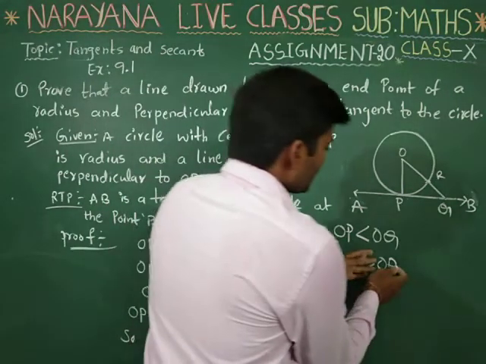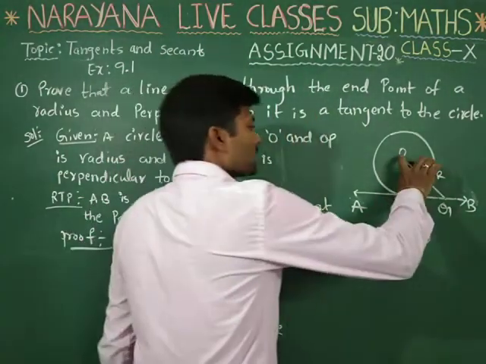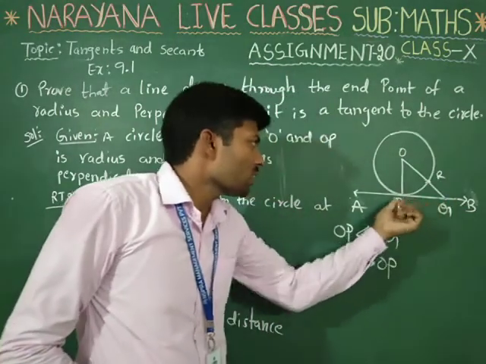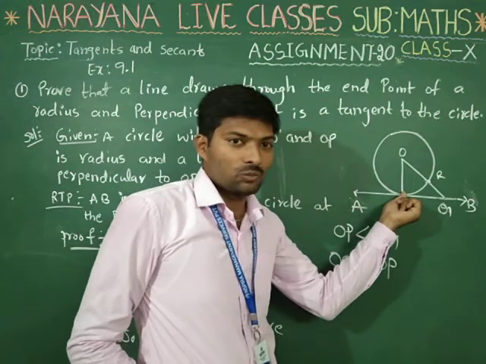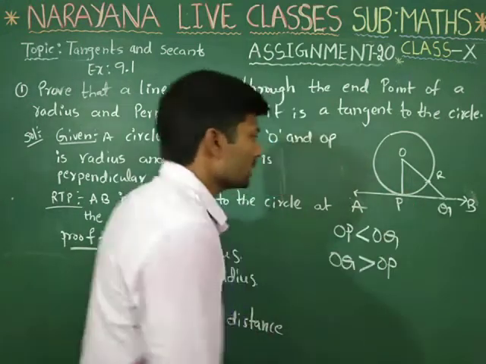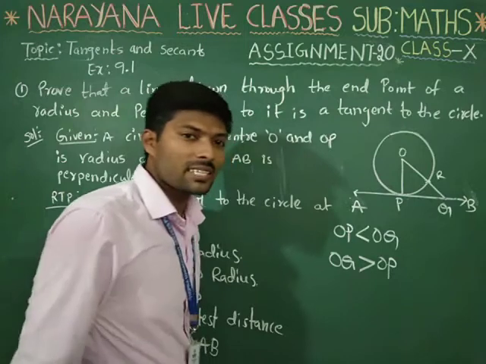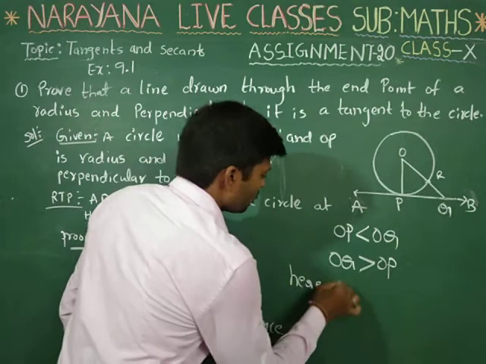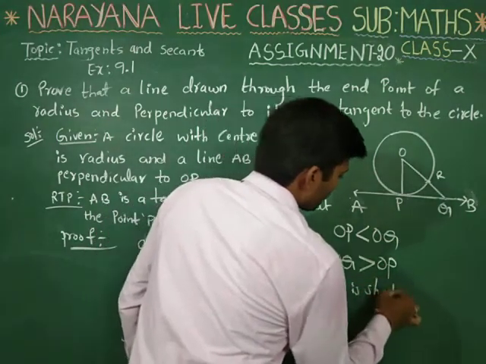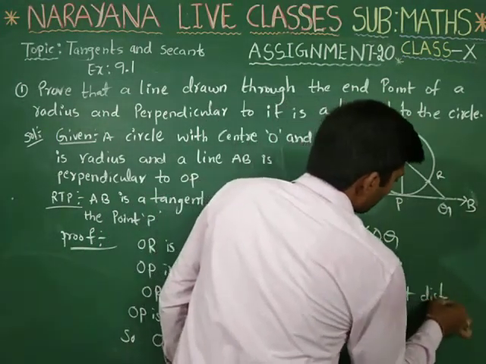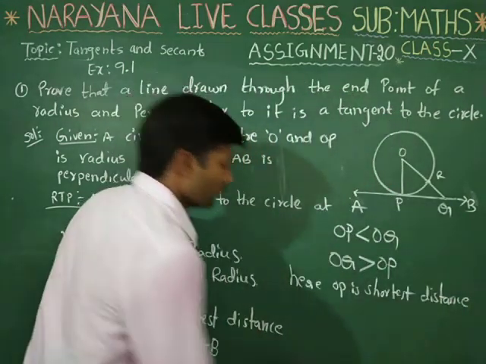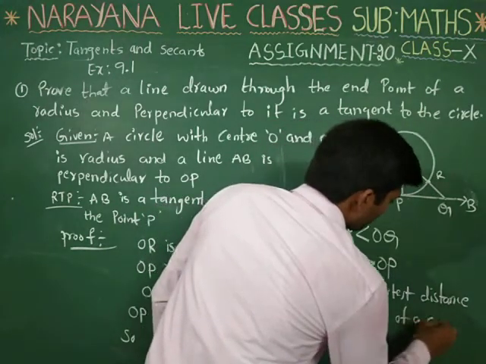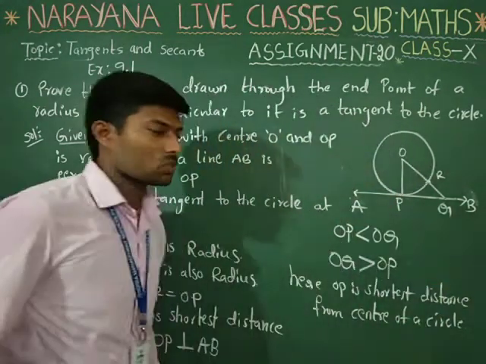Next, here OP is the shortest distance, and the line AB meets the circle at only one point P. So that line AB can act as a tangent to a circle. Here OP is the shortest distance from the center of a circle.